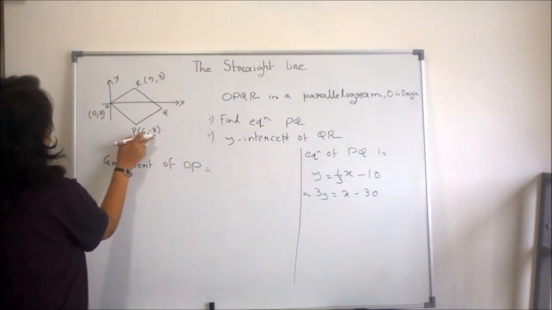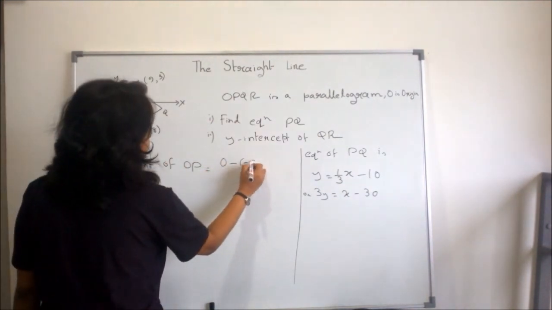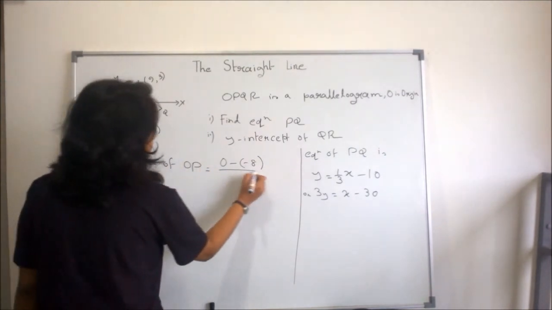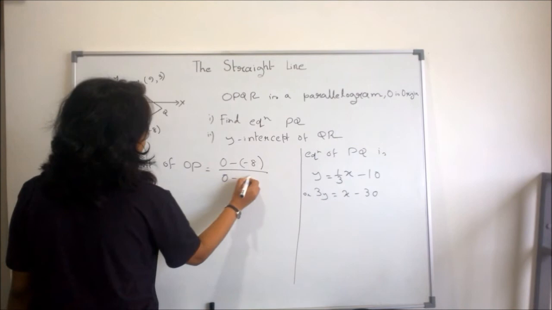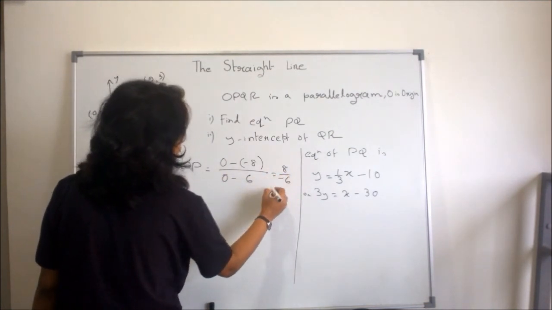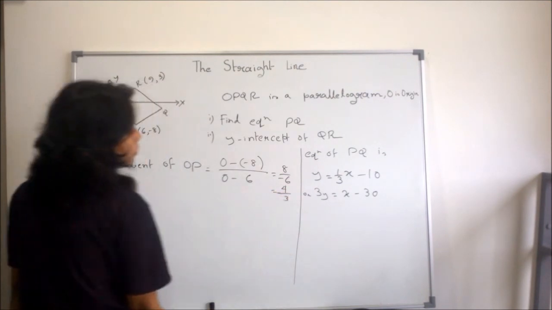Here the difference of y coordinates is 0 minus -8, over the difference of x coordinates. This is 8 over -6, so this is -4 by 3.